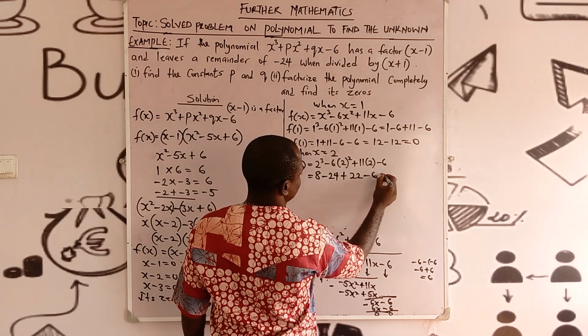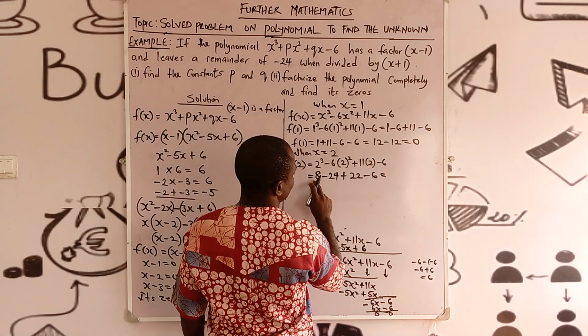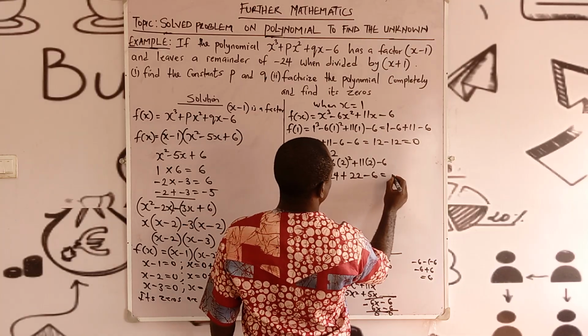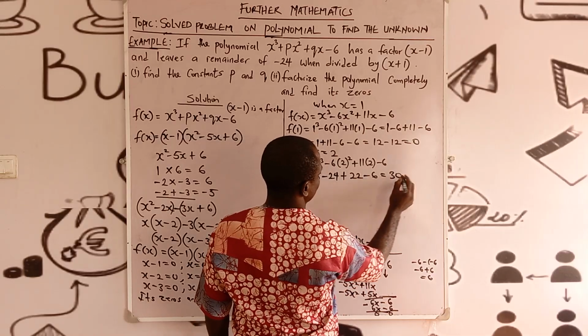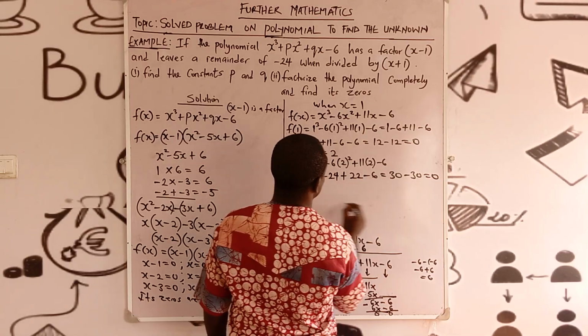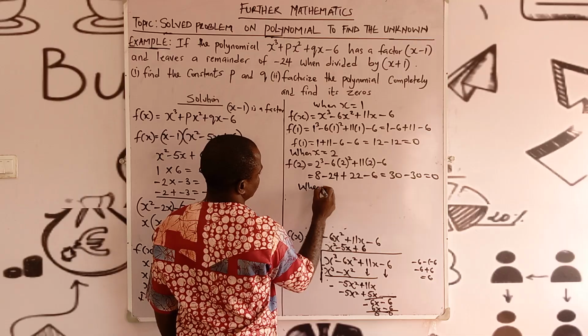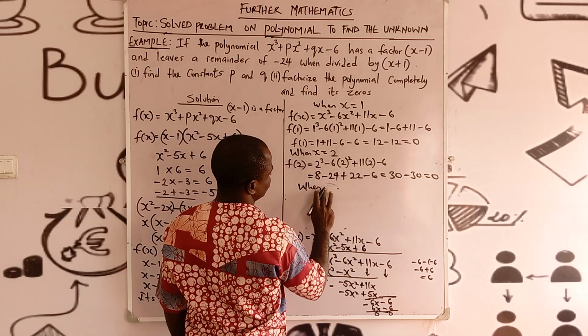Now let's put like terms together, that's 22 plus 8, that is 30, minus 24 minus 6, that's minus 30, equals 0.